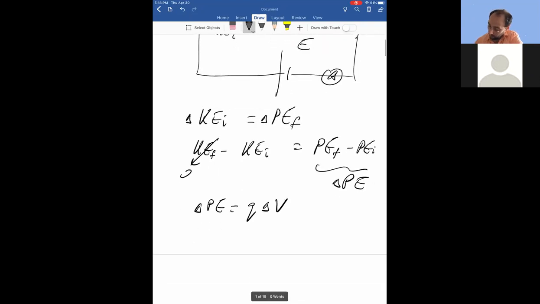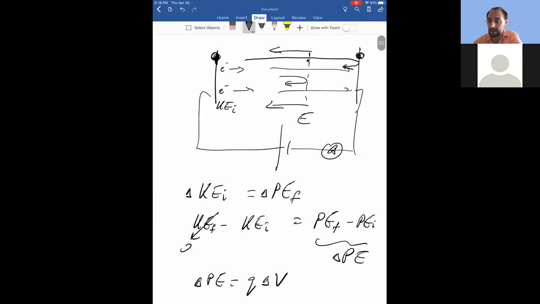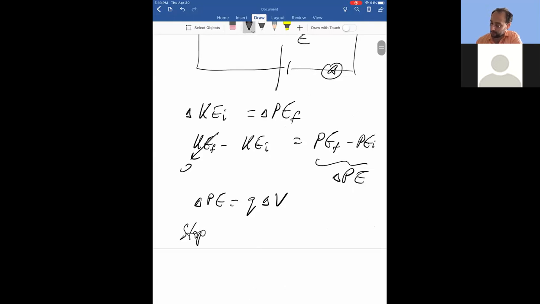So, long story short, the potential difference between the plates such that electrons barely get here is called the stopping potential. That's what they mean by stopping potential. It's a potential difference that stops electrons right before they get to the other plate.